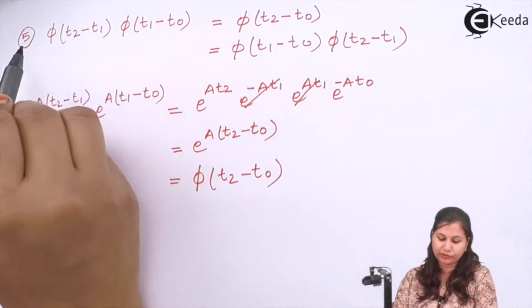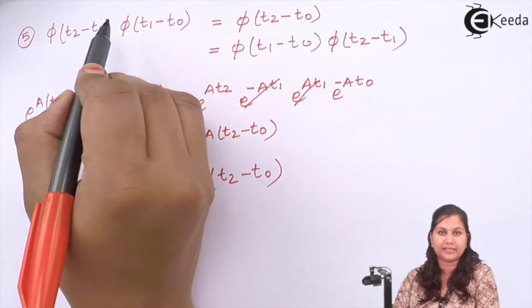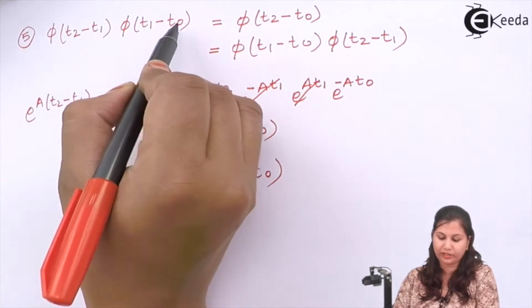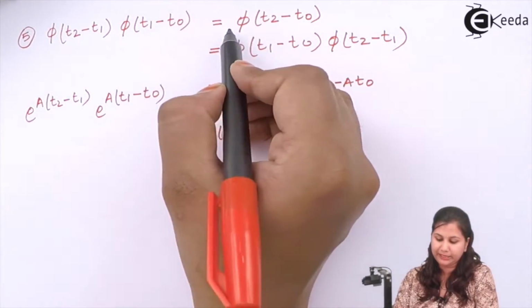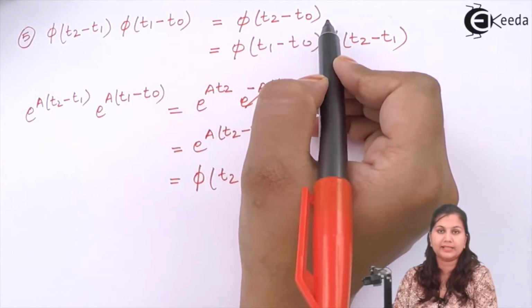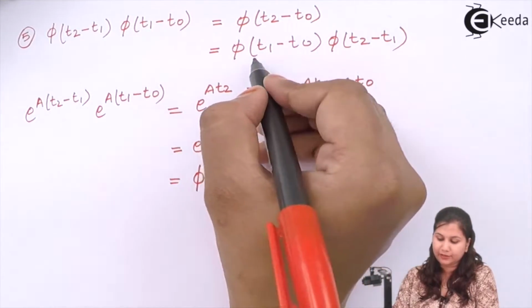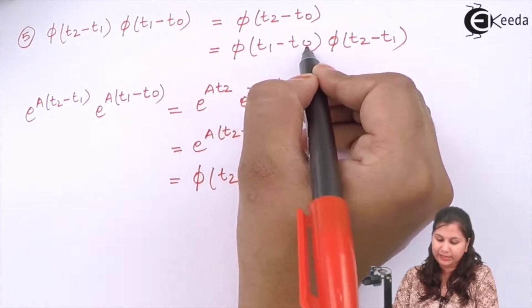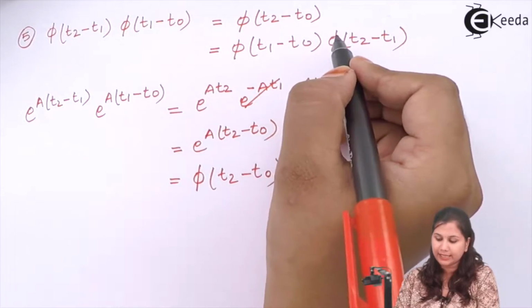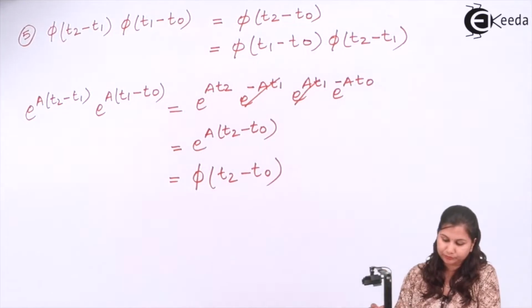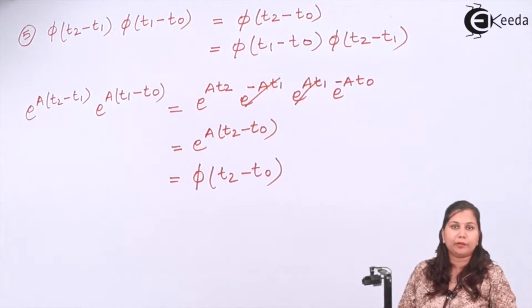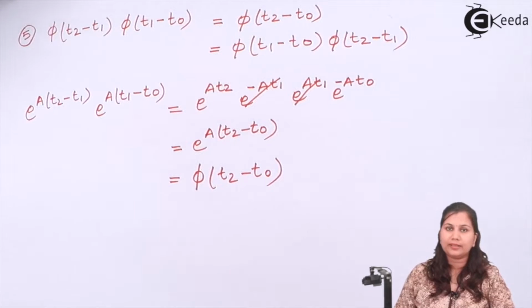So we have proved that phi(t2 minus t1) multiplied by phi(t1 minus t0) is equal to phi(t2 minus t0). Similarly, it is also equal to phi(t1 minus t0) times phi(t2 minus t1). Okay, so these are the 5 properties of the state transition matrix.